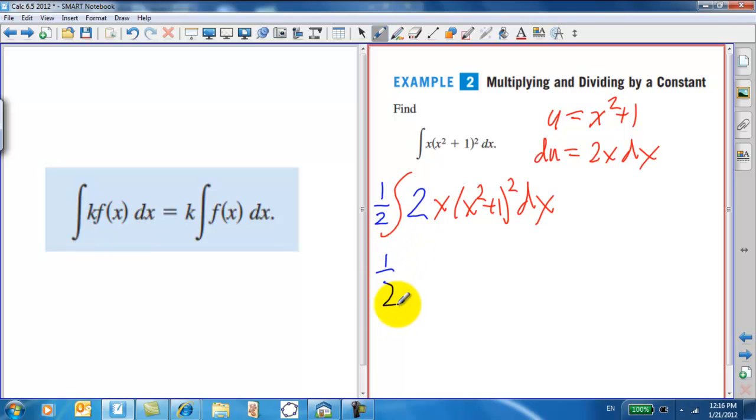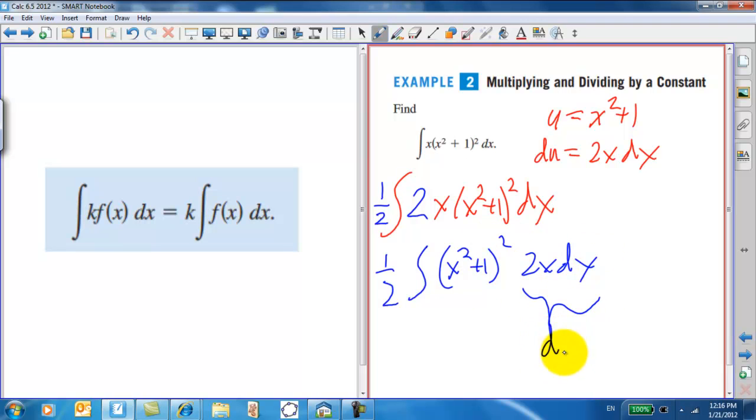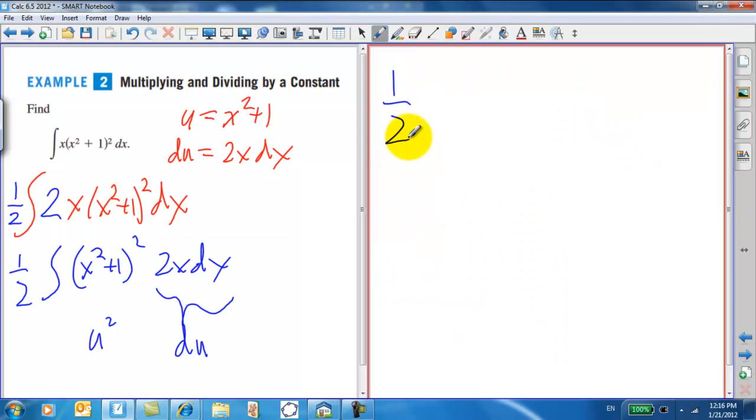So now we have 1/2 integral of x squared plus 1 squared 2x dx. And now all of this is our du. And this is u squared. So we've transformed it into 1/2 the integral of u squared du. And that's an easy enough antiderivative here.